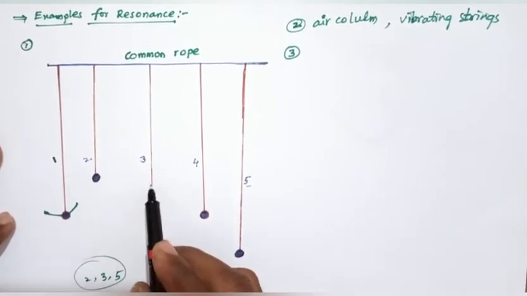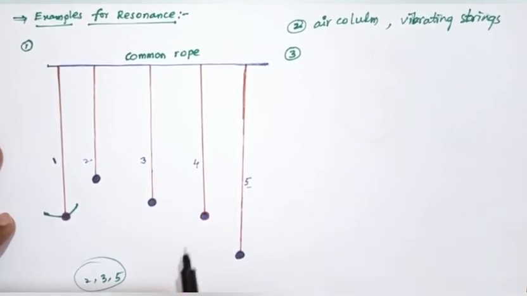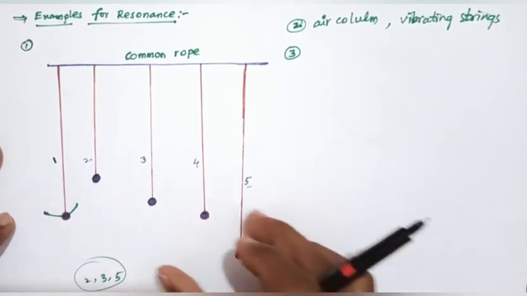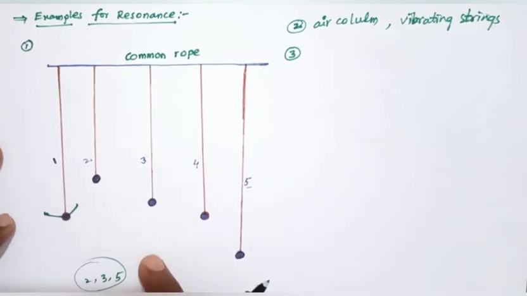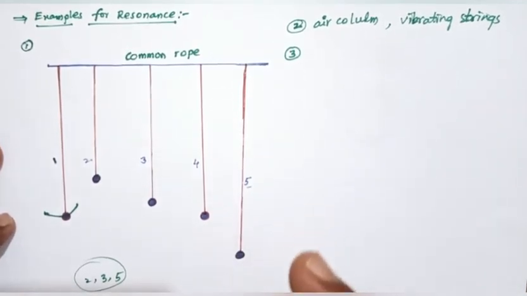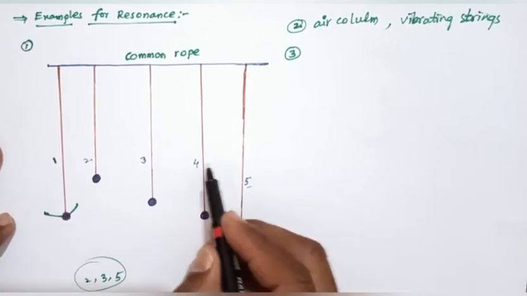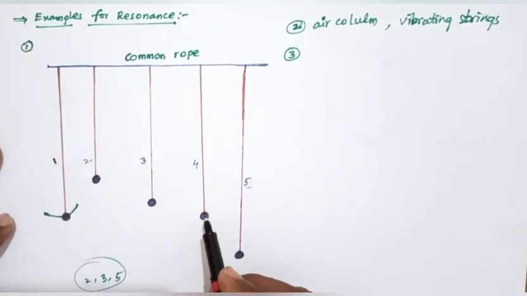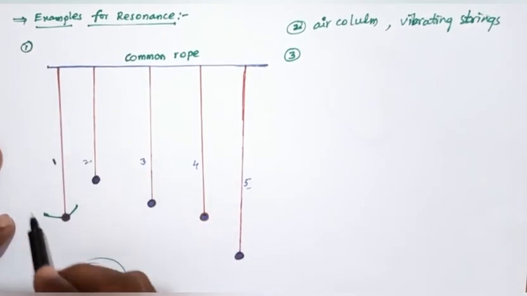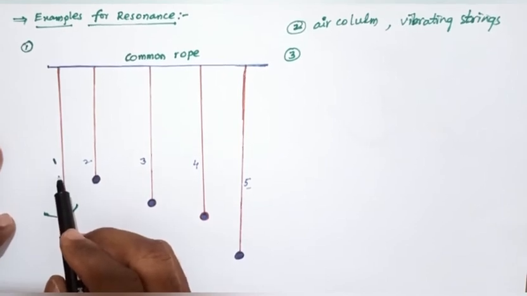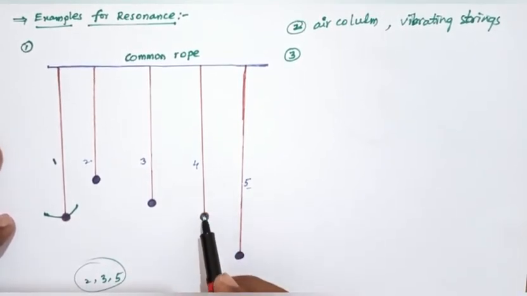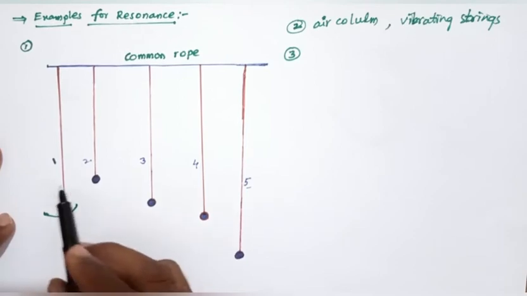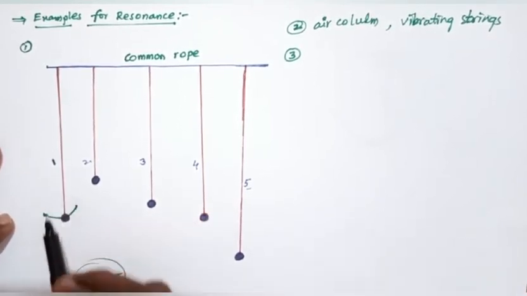Here the second, third, and fifth simple pendulums oscillate at their natural frequency. Due to the damping force, their displacement decreases and the amplitude decreases. But the fourth simple pendulum's length equals the first simple pendulum's, so its natural frequency equals the driven frequency.